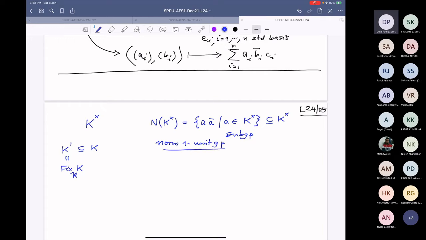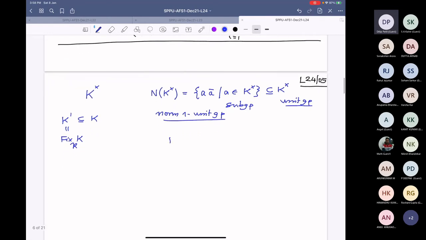We keep calling it a unit group of K. And actually this N K cross is contained in K prime. You see, when you apply kappa to this, they are invariant. So therefore, this is actually contained in K prime cross. They are non-zero, of course.